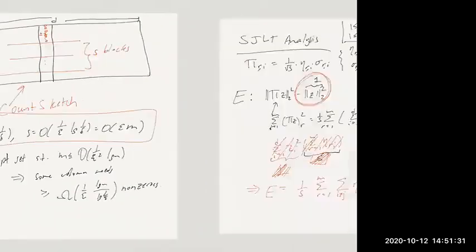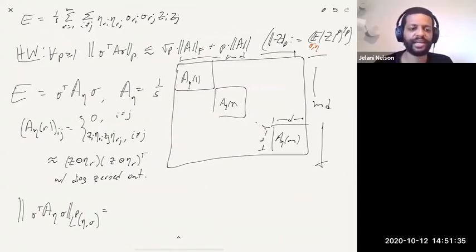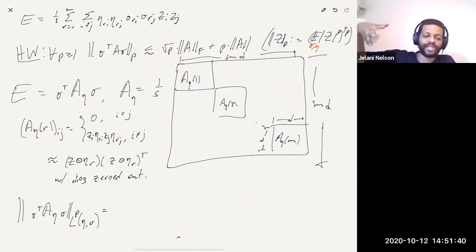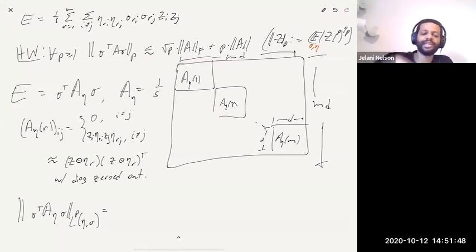Got it. Yeah. So basically, what I want to say is I'm going to take the expectation over sigma first, and then I'm going to apply Hanson-Wright. I'm going to get an answer that depends on A eta, and then I'm going to take the expectation over eta.